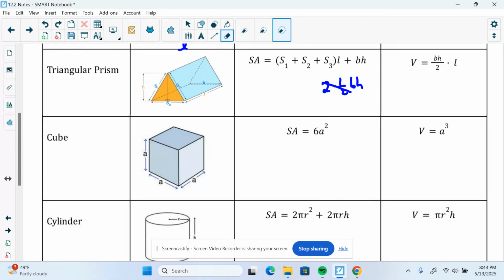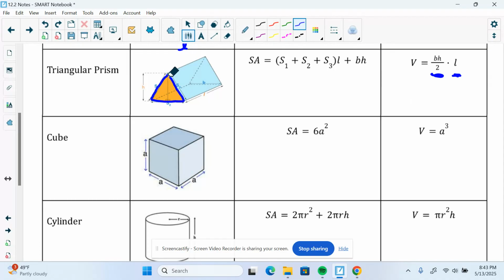The volume, and this is an important fact about prisms. The volume of a prism is always going to be the area of the base times the height or length of the prism. So we take the area of this triangular base and we multiply by the height or the length of the prism, and we get the volume of the prism.